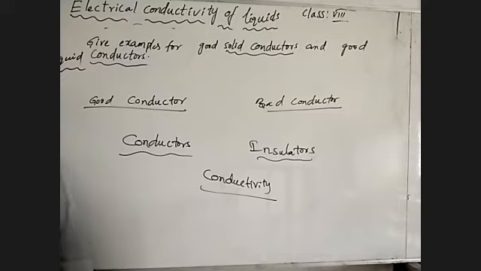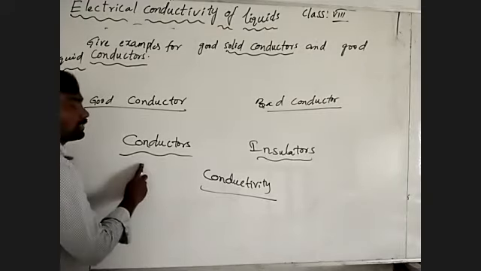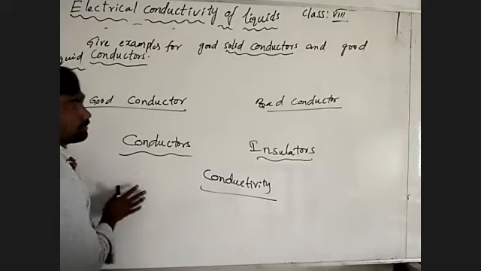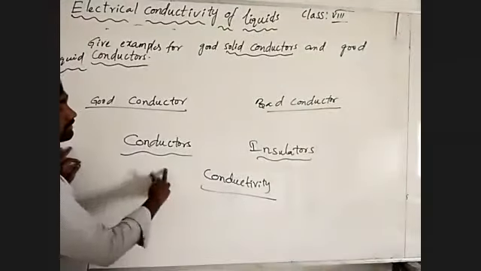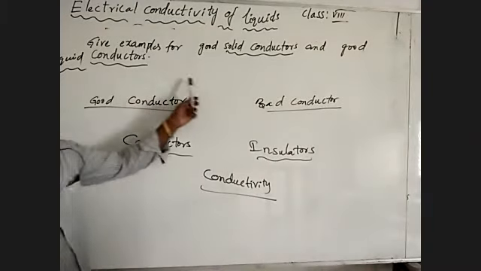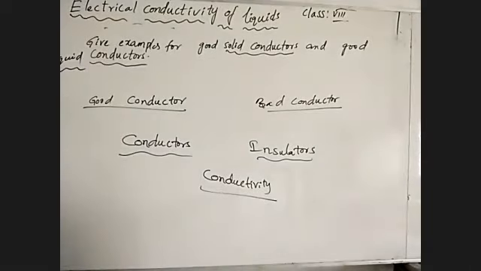The substance which does not allow electric current through it, we consider an insulator or bad conductor. By that, we can classify them as conductors and insulators. Now, the question is to give some examples for good solid conductors and good liquid conductors.